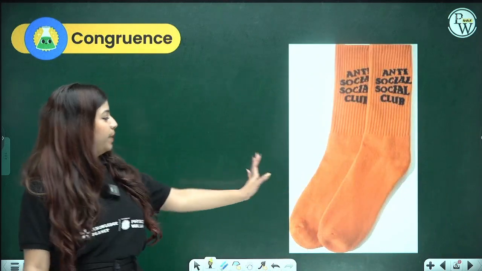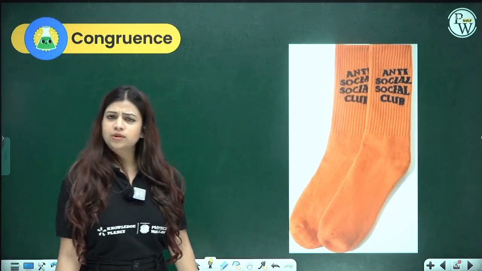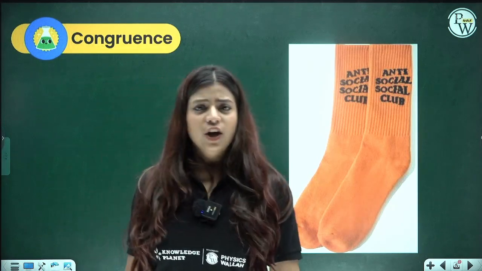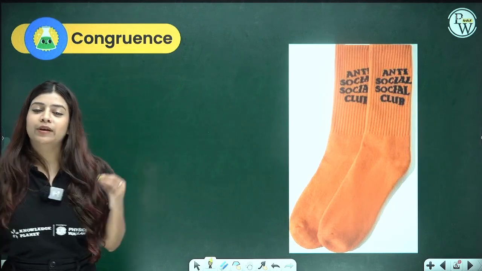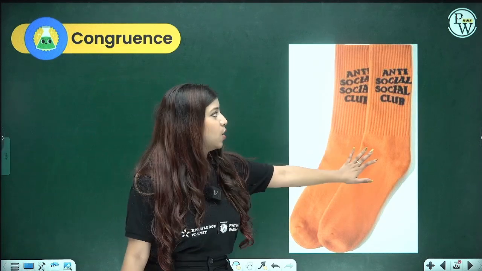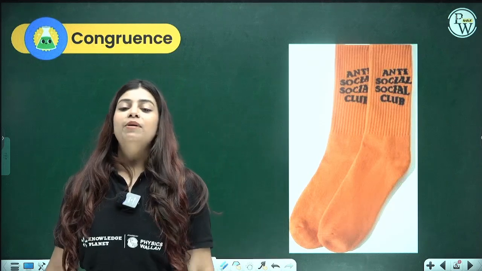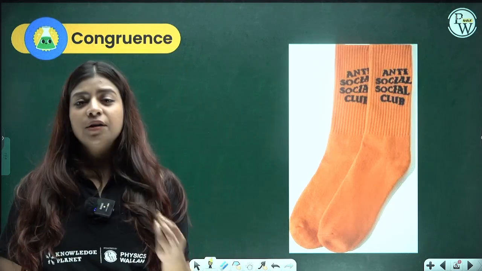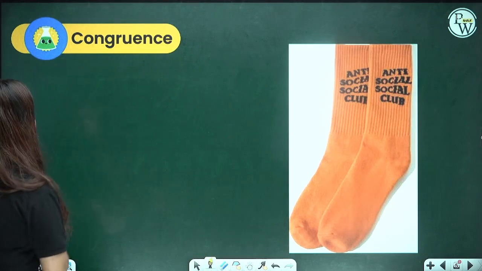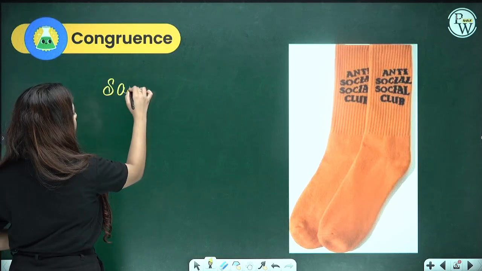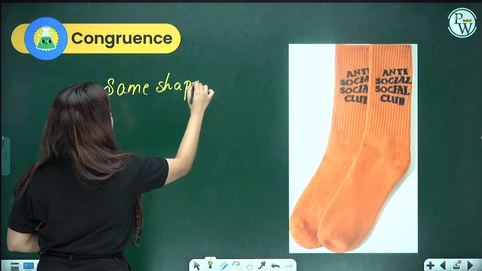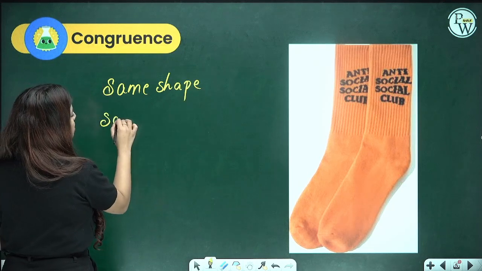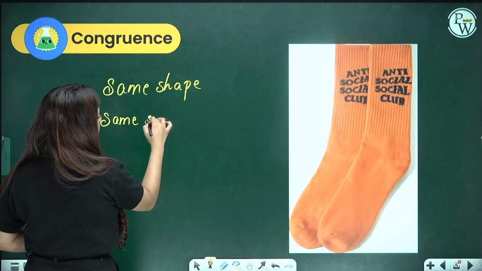Have you seen your pair of socks? They look almost identical, right? They are the same, ditto copy paste of each other, if we talk about socks especially. So basically what does this mean? What is congruency? Congruency simply means same shape, students, that the two figures that we have should be of the same shape and more specifically the same size.